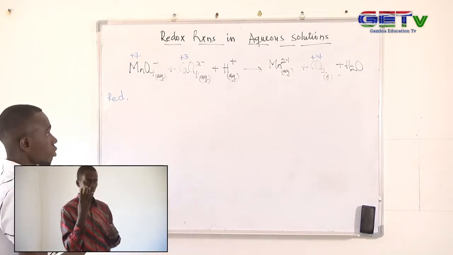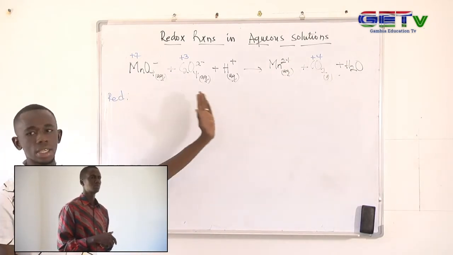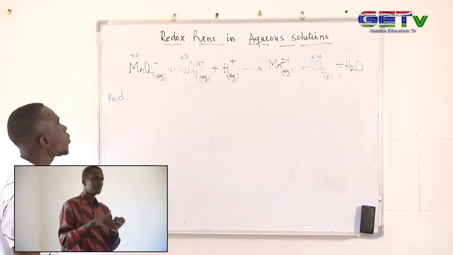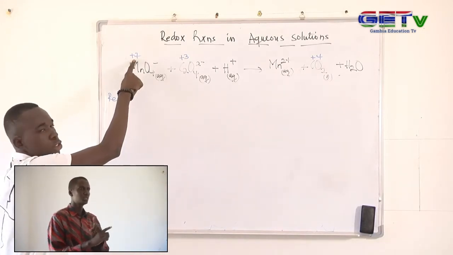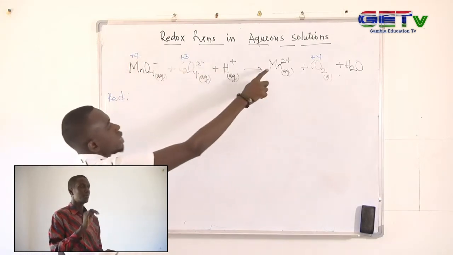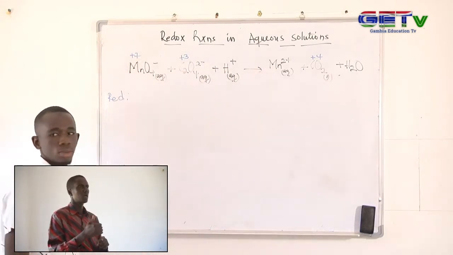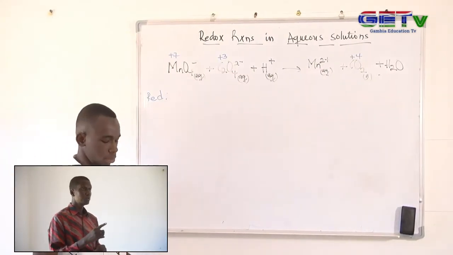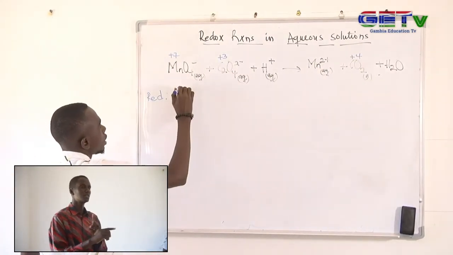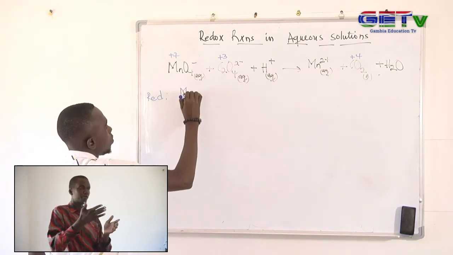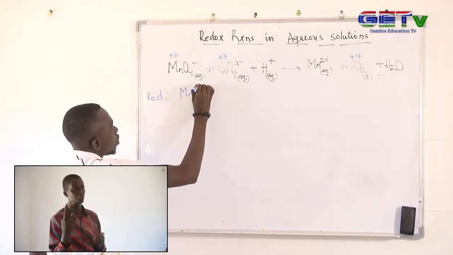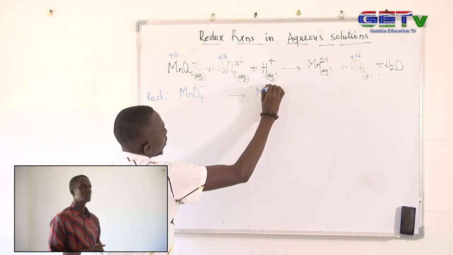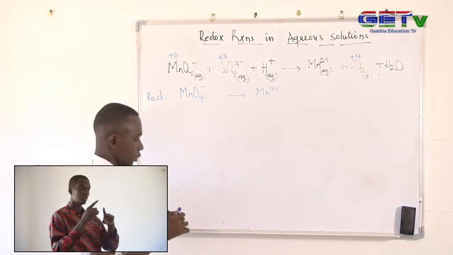So these are the main species undergoing the change in this reaction. Manganese here is plus 7, while manganese here is plus 2, which means manganese is undergoing reduction. Now we have here the species undergoing the reduction, and here we have Mn2 plus, that is the product.